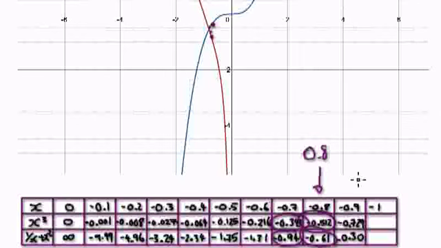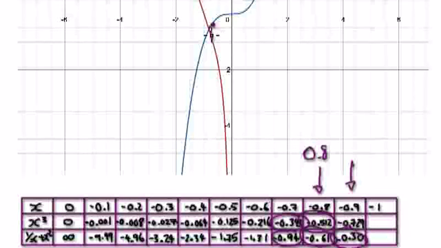But if you look at minus 0.9, you see the red line is now above the blue line. So there must be a point at which the two lines cross somewhere in between.